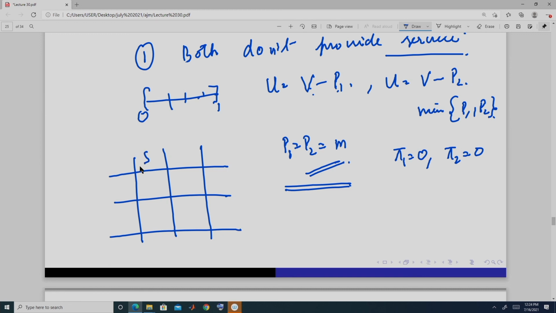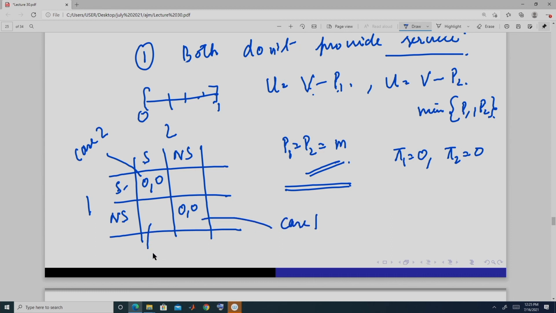It provides service, it does not provide service. Firm 1, firm 2. If both provide service, it is 0, 0. If both do not provide service, it is 0, 0. These two outcomes are case 1, 2, and the others are case 3 and case 3.